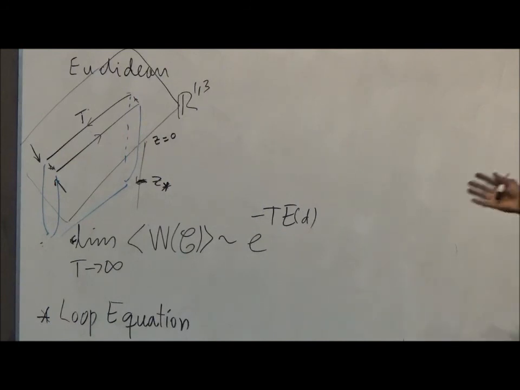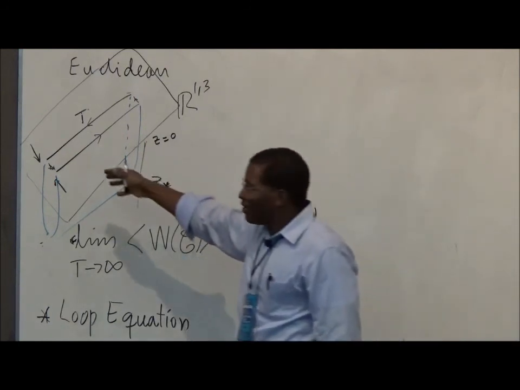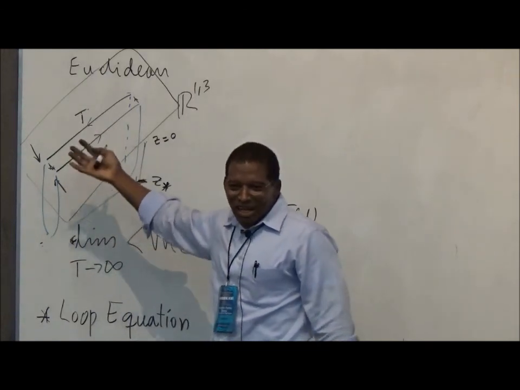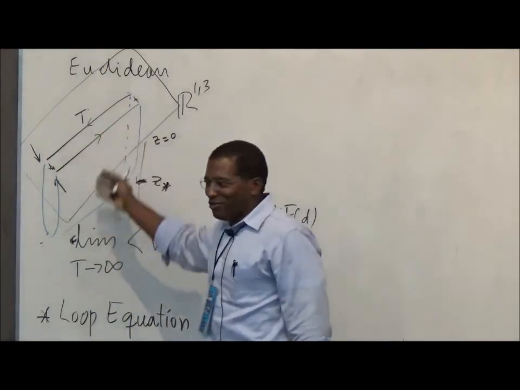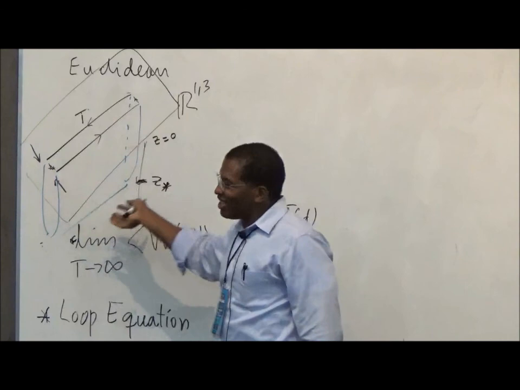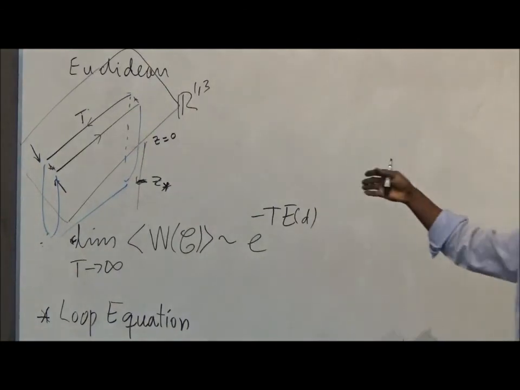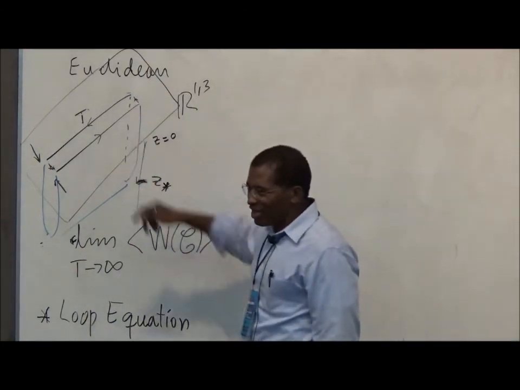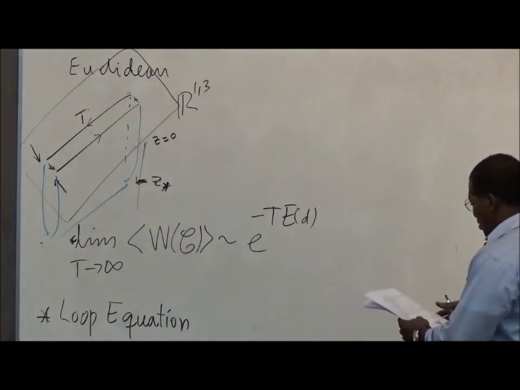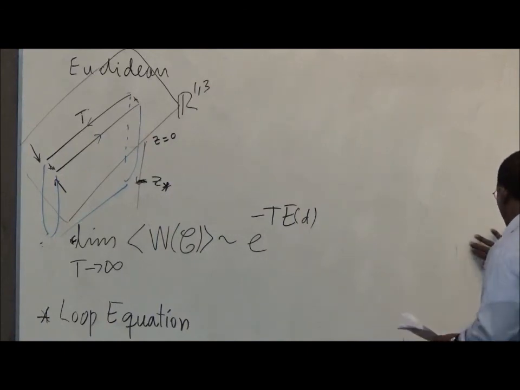So this is a string, and the action for a string is Nambu-Goto. Now it's Nambu-Goto in this space, but I know how to get minimal surfaces, Euler-Lagrange for anything, right? That's what you spend the first year of physics doing, just classical mechanics and things like that. So this problem turns into a classical mechanical problem. Let's do that, and then I'll write the answer.